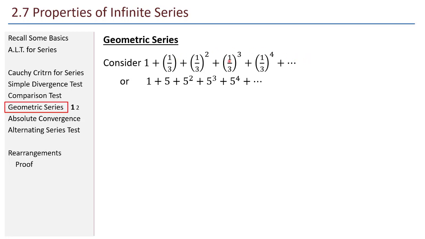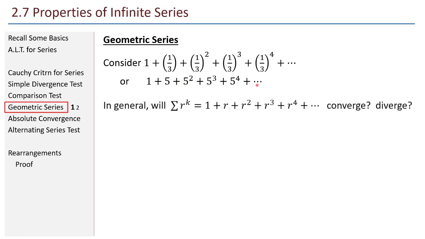Maybe it converges. It looks like these terms are going to 0 much faster than the terms of the harmonic series. This guy on the bottom, no, there's no way that that guy converges. If I have a number bigger than 1 and I keep adding it again and again and again, that will diverge to infinity. In general, if I sum the powers of some number r forever and ever, will that thing converge?